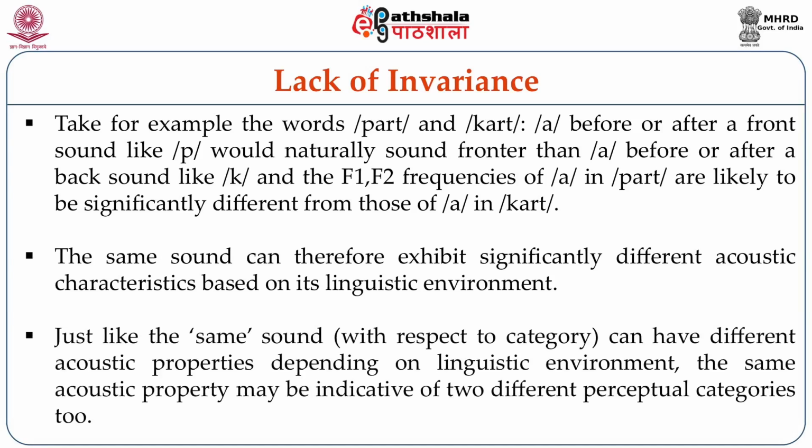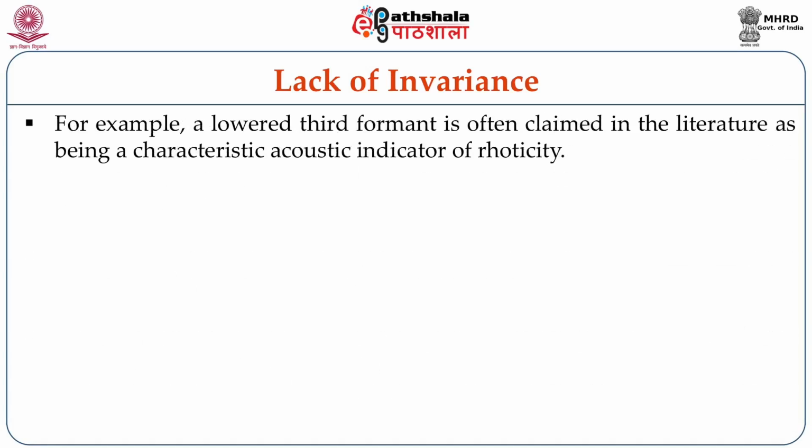Just like the same sound with respect to category can have different acoustic properties depending on linguistic environment, the same acoustic property may be indicative of two different perceptual categories. For example, a lowered third formant is often claimed in the literature as being a characteristic acoustic indicator of rhoticity.